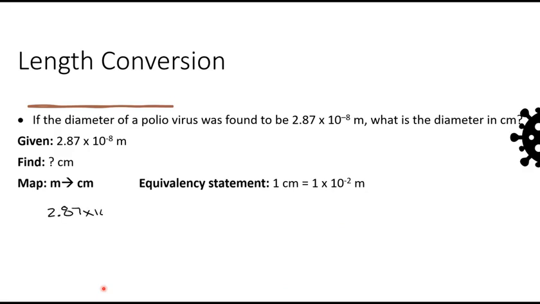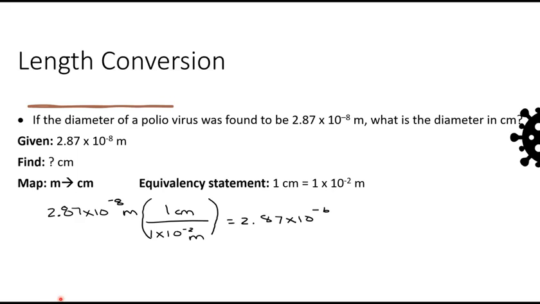We're going to put 2.87 times 10 to the negative 8 meters as our starting point, and then build from our equivalency statement our conversion factor, where we'll put 1 centimeter on top and 1 times 10 to the negative 2 meters at the bottom. That will allow the meter units to eventually cancel out, and we will end up with 2.87 times 10 to the negative 6 centimeters. And the units that we don't want should cancel out.